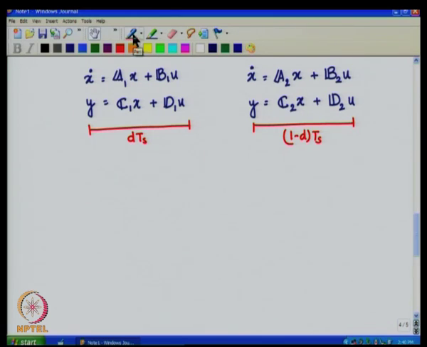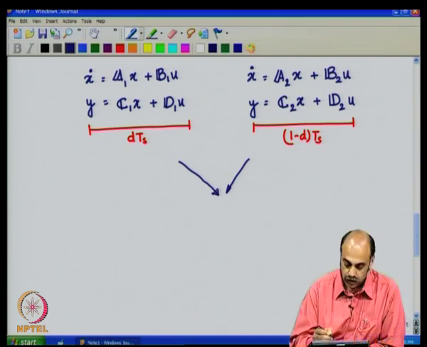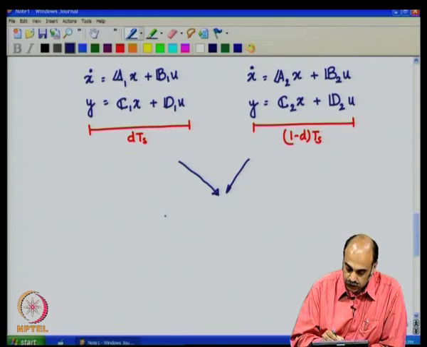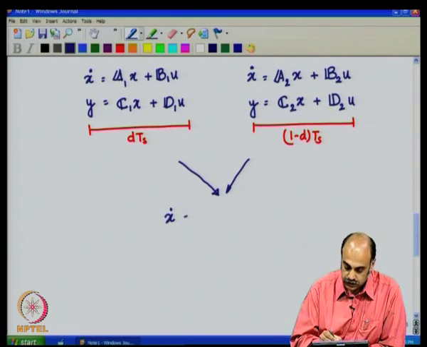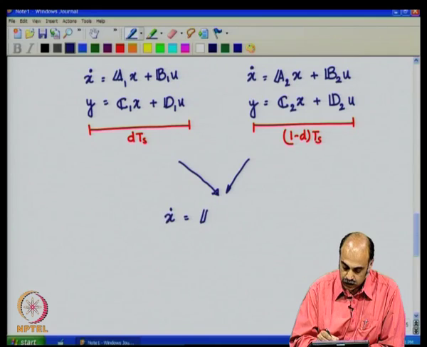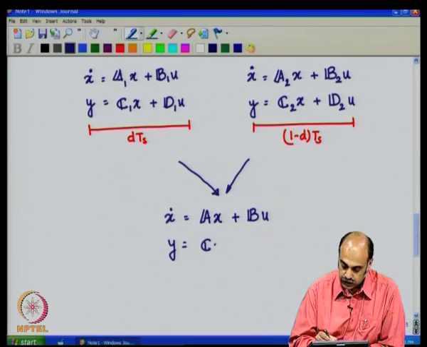Now, we need to combine these two together to obtain x dot equals Ax plus Bu, y equals Cx plus Du.